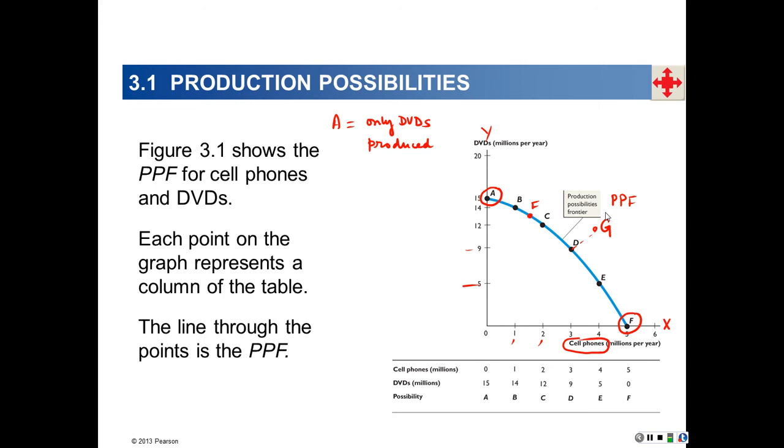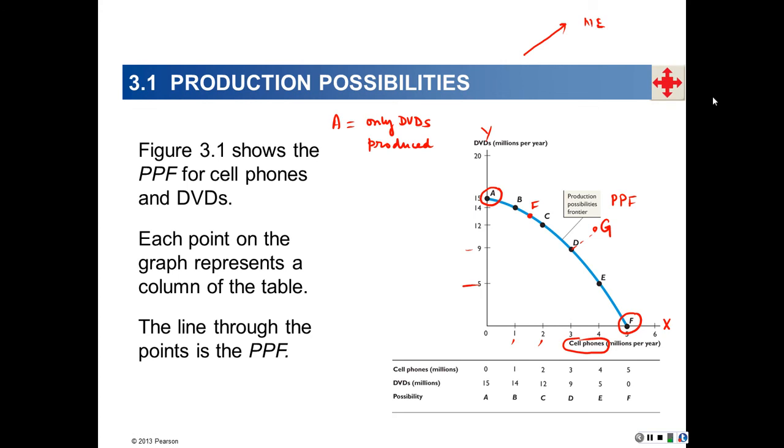Is that correct? Now let's compare points G and D. Would you agree that point G has more cell phones and more DVDs than point D? Yeah. Right? Why? Because point G lies in that direction, which is northeast. Correct?